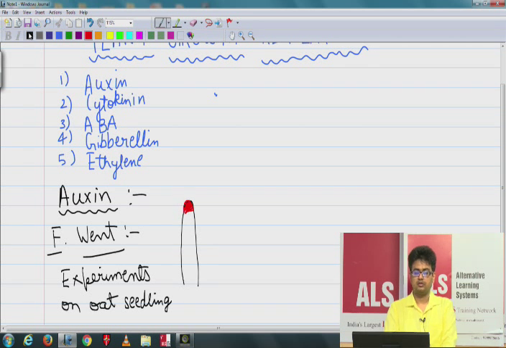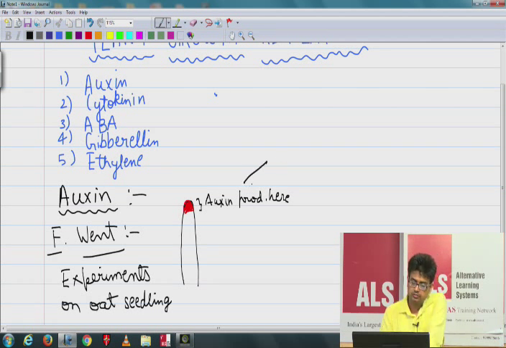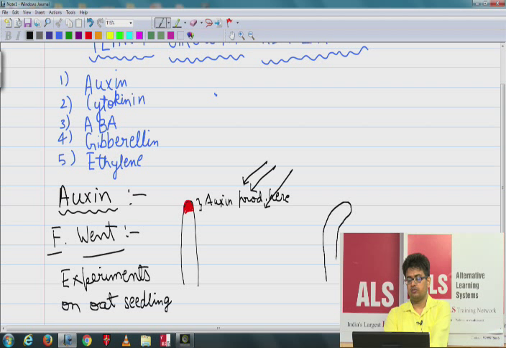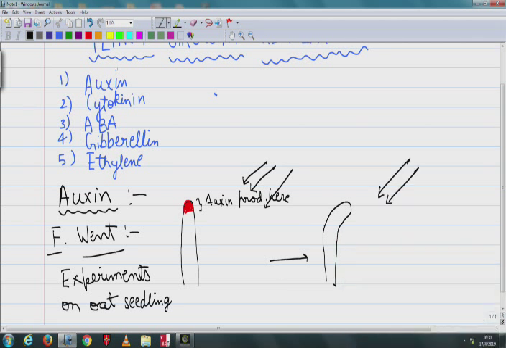Oxygen is produced here. Now I am subjecting this oat seedling to unidirectional sunlight. Now what will happen? This oat coleoptile will bend towards the light.